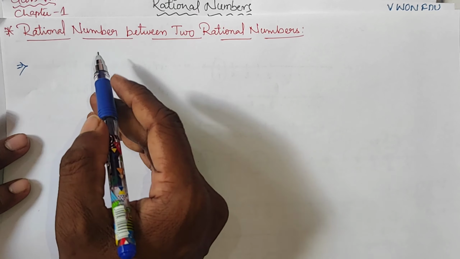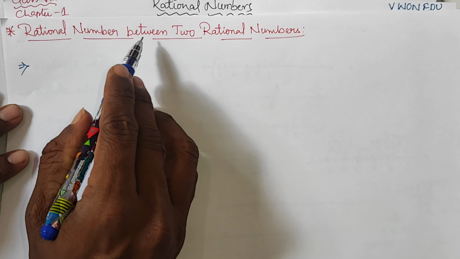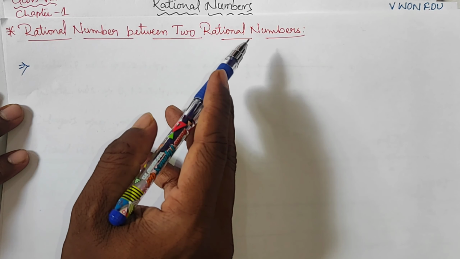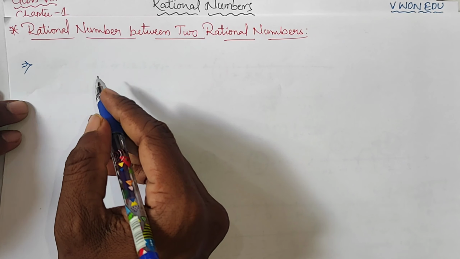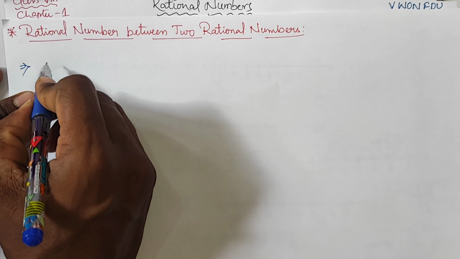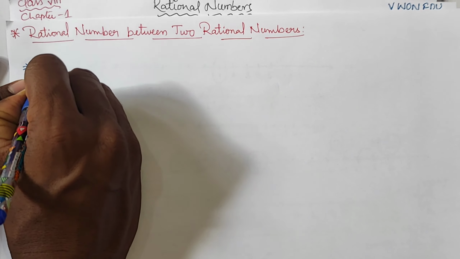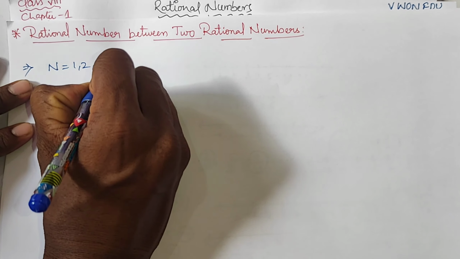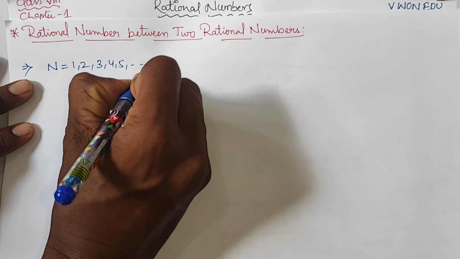Okay, the next concept is a rational number between two rational numbers. First we will observe some cases. First I am considering natural numbers: 1, 2, 3, 4, 5 and so on.